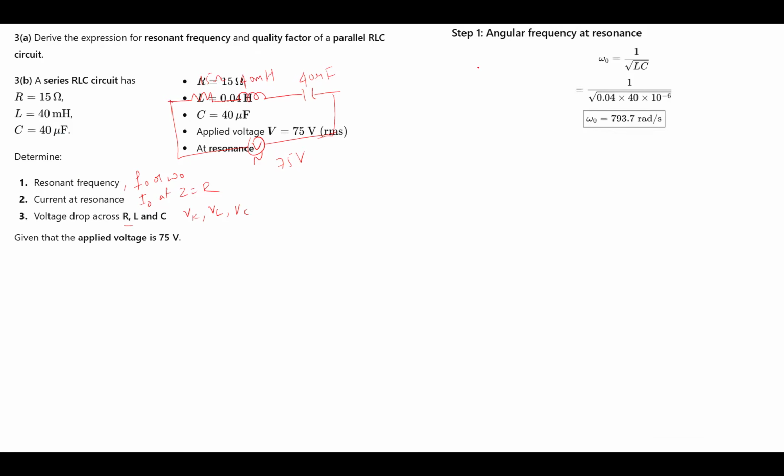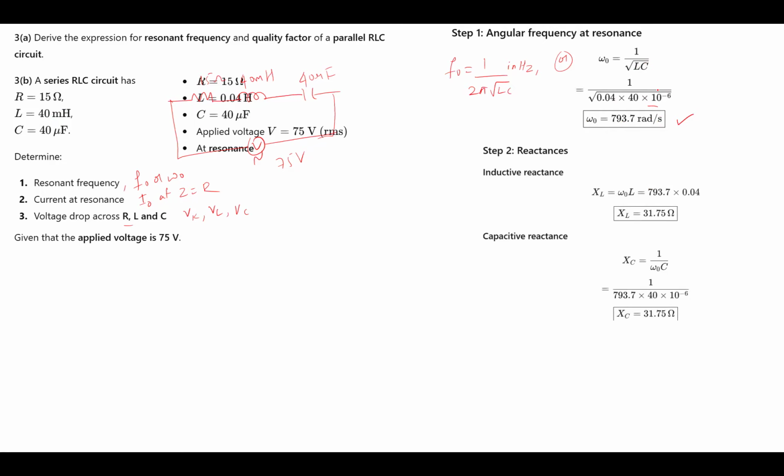Either you can use F naught equals 1 divided by 2 pi square root of LC if you want F naught in hertz, or if you want it in radians per second, omega naught equals 1 by square root of L into C. You know the value of L and the value of C. You are just substituting: L is 40 millihenry, 0.04, into 40 microfarad. So you'll get omega naught as 793.7 radians per second.